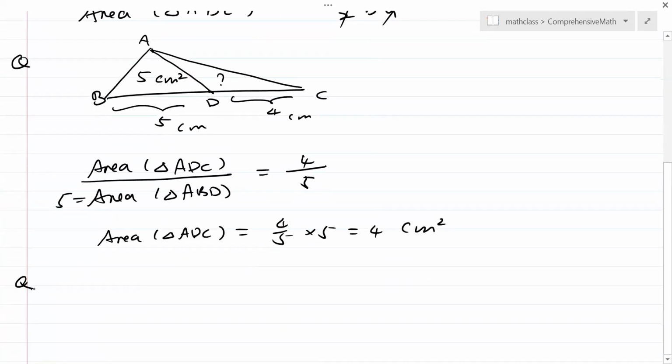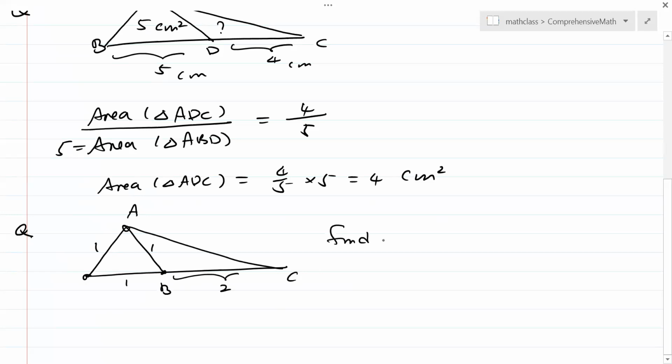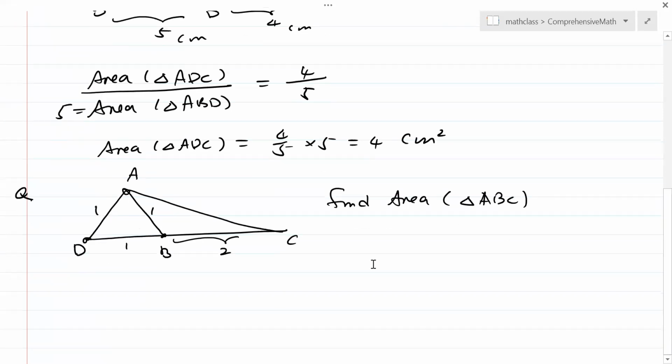The second problem for practice is not given directly. I just say here's an equilateral triangle. If this is 1, 1, 1, and this is 2, find the area of the triangle ABC. It's the same idea because you know the area of this equilateral triangle.